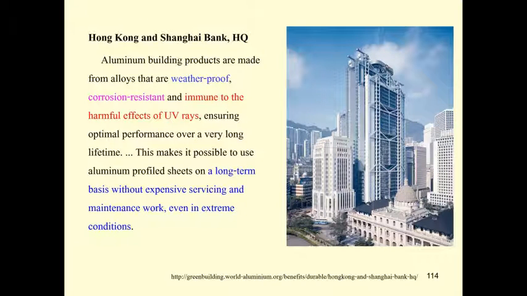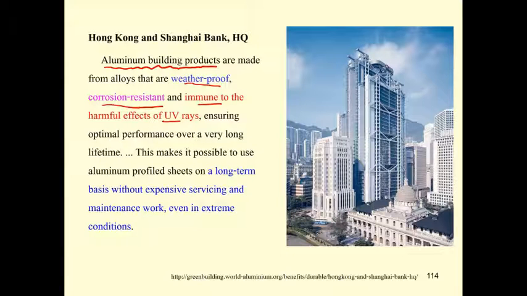And in some structure, such as this one in Hong Kong, okay, this building is an aluminum building. It uses a lot of aluminum products. It's going to be weatherproof, have high corrosion resistance, is immune to the UV, and it uses a lot of glass. So this building will have the sunlight for energy efficiency.